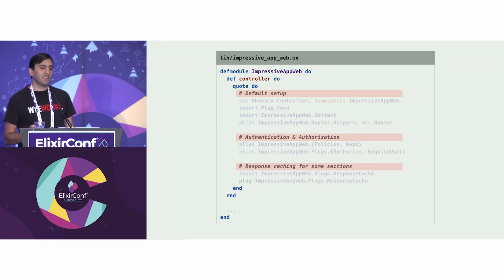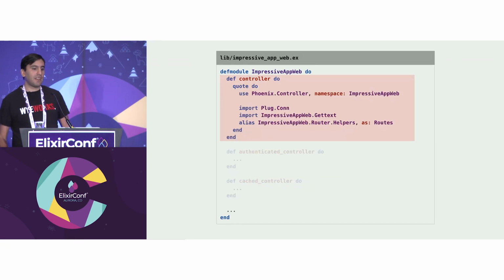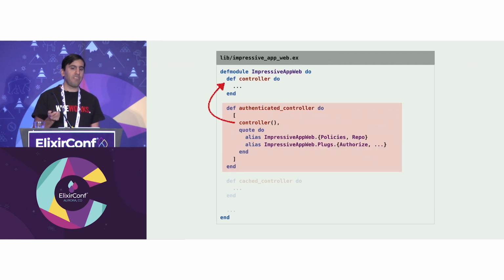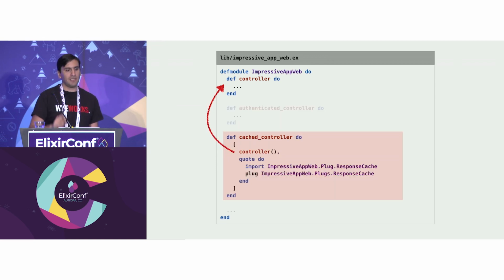So the question is, can we do something to prevent having all the features available in each controller? Let's start with a possible refactor. Let's use the controller function just for the basic setup, and then create a few functions, one for each of our features. Please note that we are invoking the controller one in each of these specific controller functions. I'm also combining the quoted expressions in the right way.